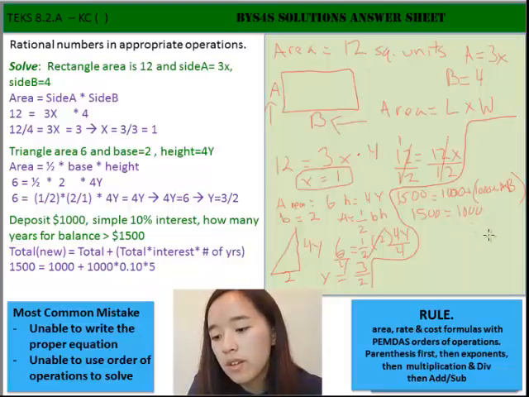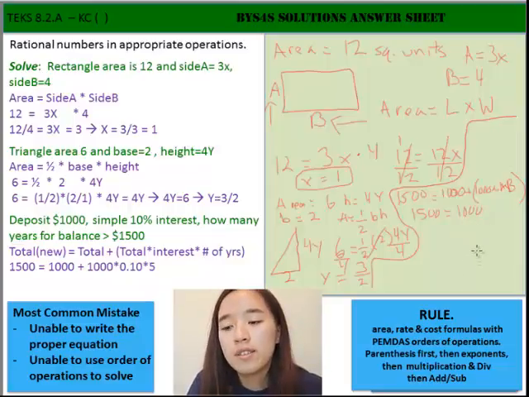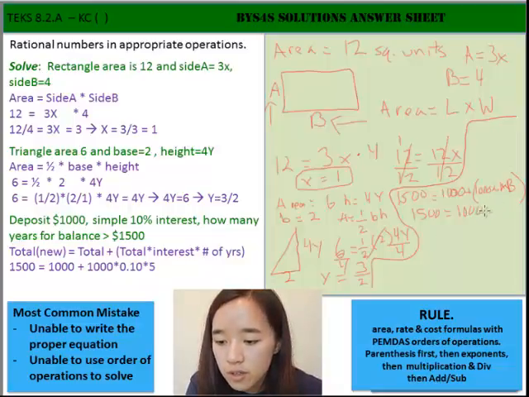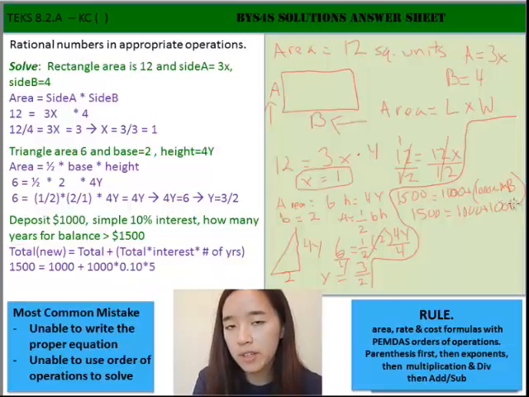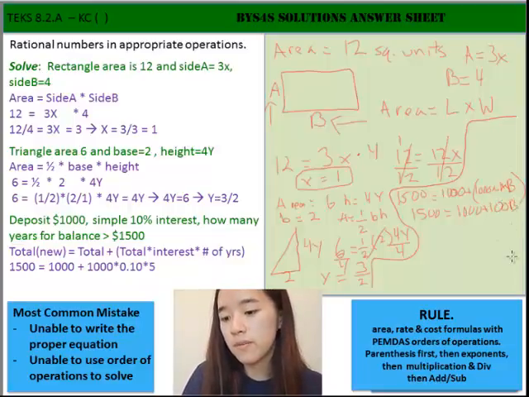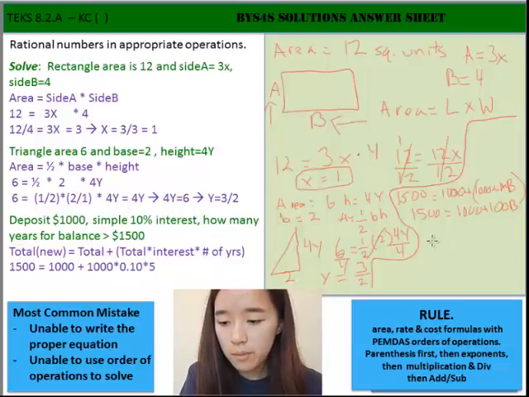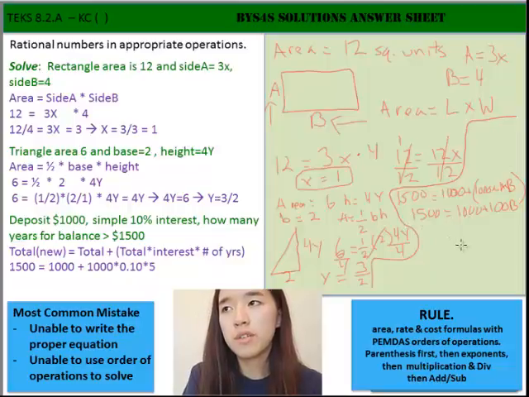And 10% of 1,000, that's the same as saying 1,000 divided by 10. And 1,000 divided by 10 is 100. So we're going to add 100 times B because we're still multiplying by the unknown variable that represents the years. So now we have 1,500 is equal to 1,000 plus 100 times B.